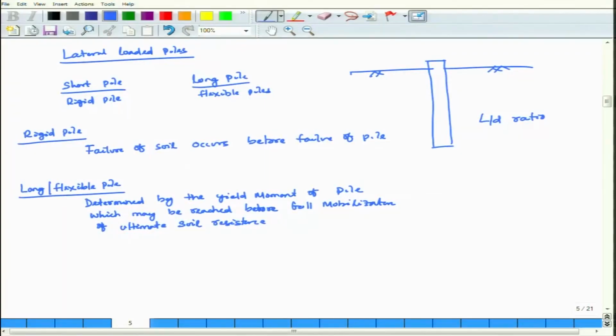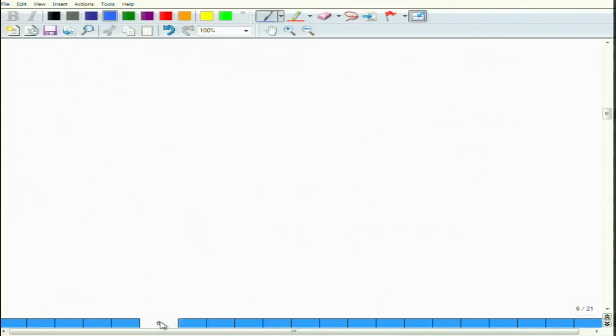If I define it the other way, for a long and flexible pile, the maximum moment should not be greater than the yield moment of the pile section. So, what does it mean if I say it is a rigid pile?